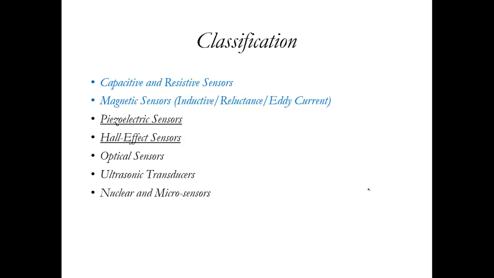So we need to understand there were issues with the mechanical sensors. There's a lot of friction, inertia, and other issues. But with the development of semiconductor technology, we're able to develop these sensors, which are mechanical again in nature, but more sophisticated.